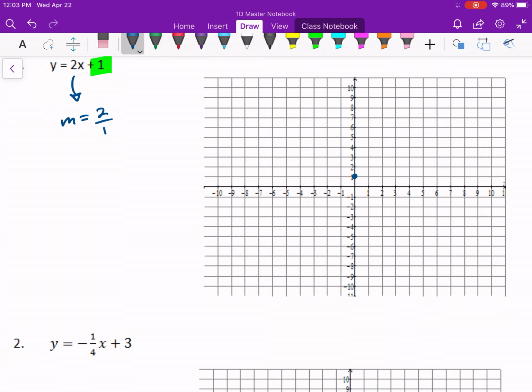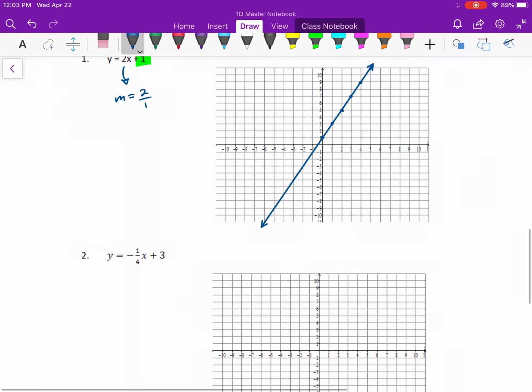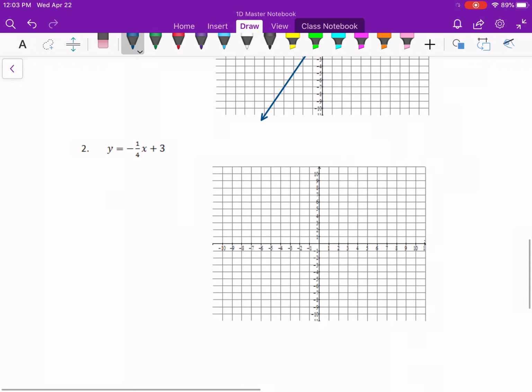From there, go up 2 and 1 to the right. Okay? Then go up 2 and 1 to the right from there. And do that over and over, however many times you need to, until you feel like you've got enough points to draw your graph. But it's quick. Here's another one.